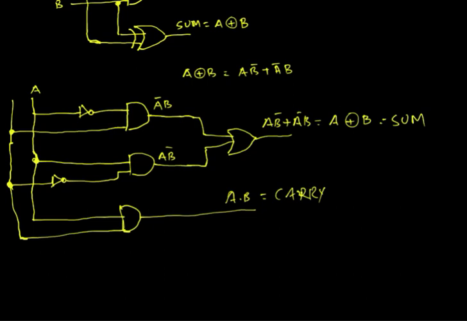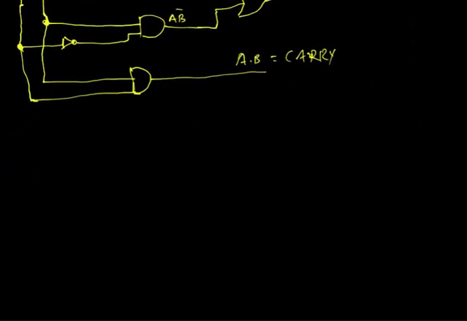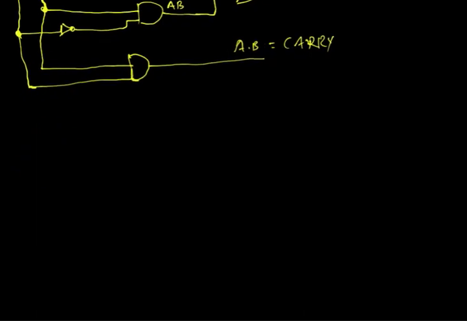Now we know that the NAND and NOR gates are the universal gates. So using those gates we can construct any combination of logic gates. So using NAND and using NOR gates alone, we can realize a half adder.